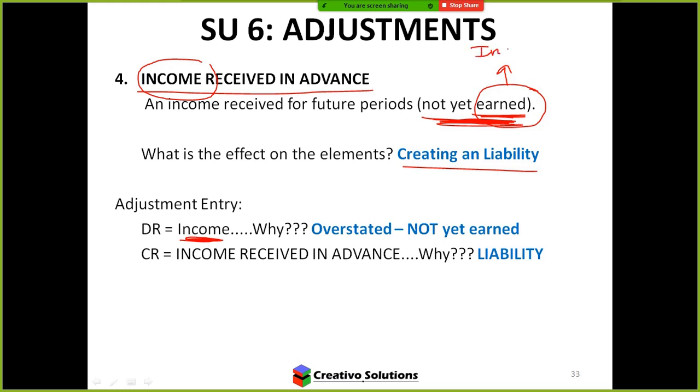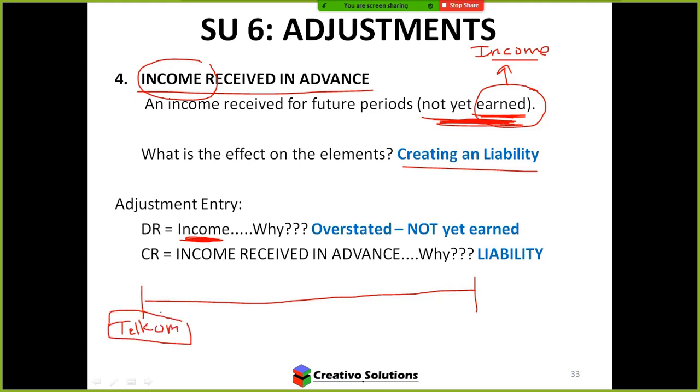Does that make sense? It does, but can you give me an example? Sure. Let's say we're Telkom. You said you're on Telkom. You are going to pay for a 24-month contract upfront.